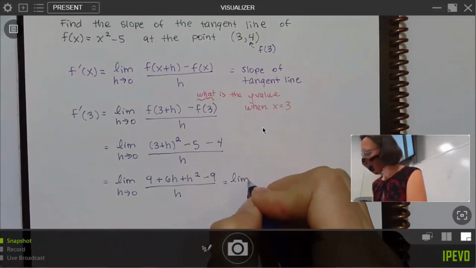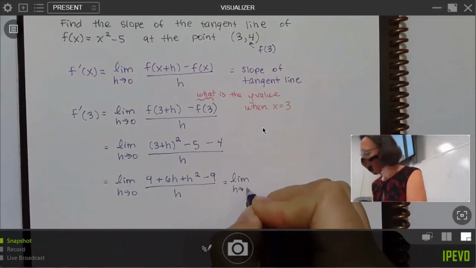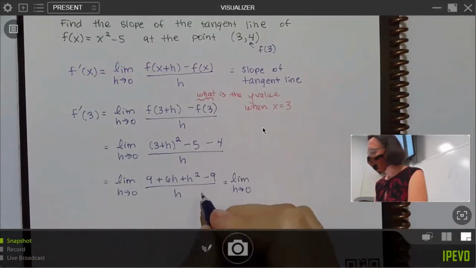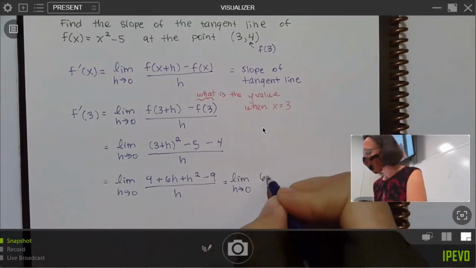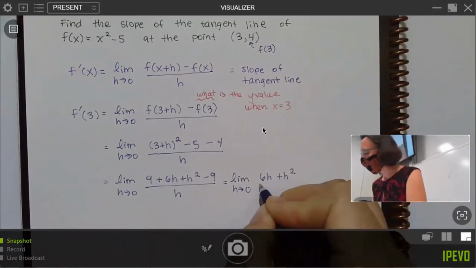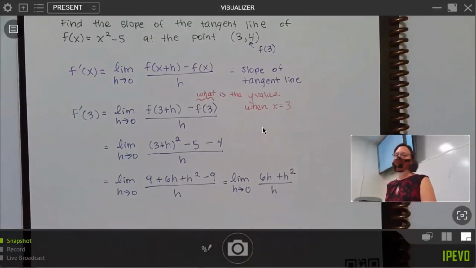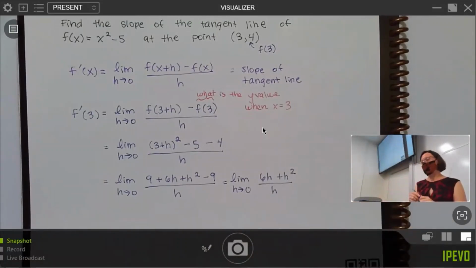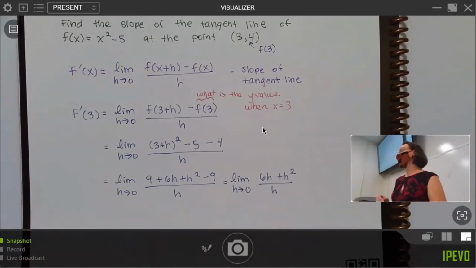There are a couple of different ways to finish this off, but once I've canceled out those 9s, I'm left with 6h plus h squared all over h. And we have a choice. We can either factor an h out of the numerator or rewrite that fraction to be two separate things that are both over h.